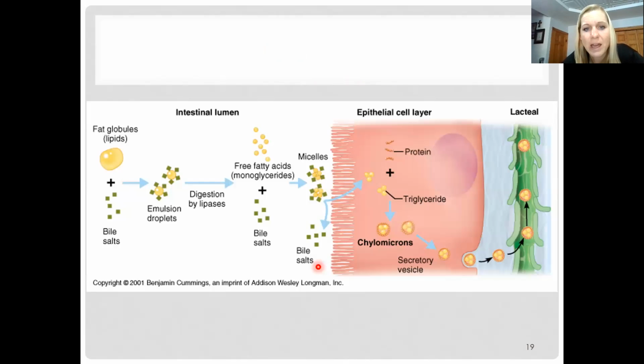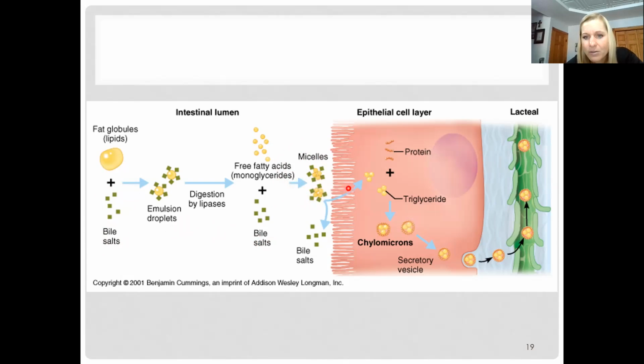Okay. This shows you that those micelles that we talked about, again, don't worry about the details of this image. I like the details of this image, but don't spend a whole lot of time worrying about this. But essentially, you've got your fat molecules. We had bile released from the gallbladder, and that's going to allow us to break down those long chain fatty acids into those micelles, or those little backpacks that we talked about.